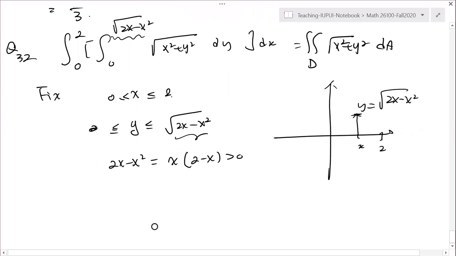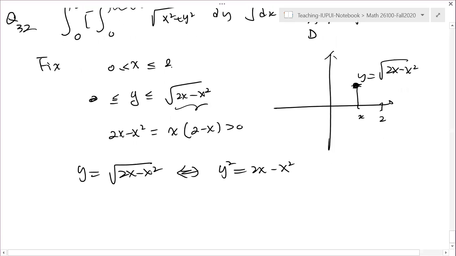So when x changes from 0 to 2, the top point of this line segment changes. So what kind of curve are you going to get, right? So you consider this is the same as y squared equals 2x minus x squared. Okay.